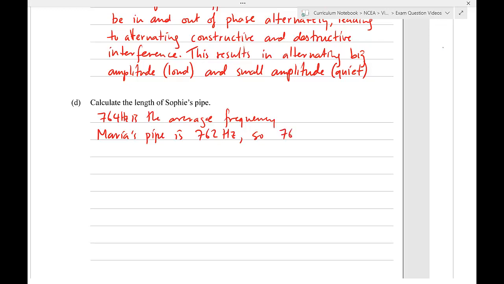So 762 plus f Sophie over 2 must equal 764. So 2 times 764 minus 762 is equal to f Sophie, which is equal to 766 hertz. Okay, we probably didn't even need to do any working there, but I thought I'd just show it.